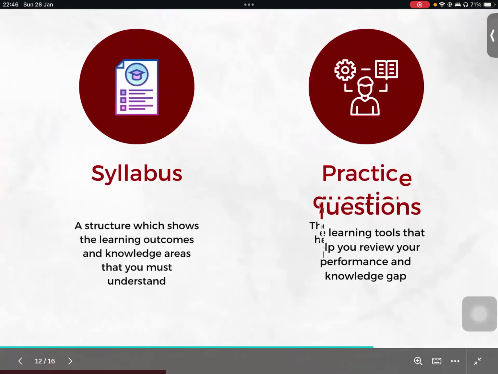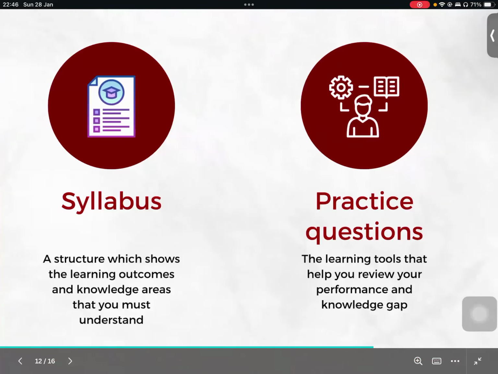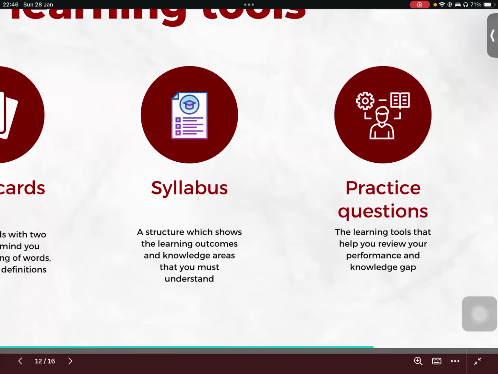And finally, don't forget that we have practice questions. Practice questions are useful because they highlight your weakness, and they help you to review your performance and the knowledge gap.